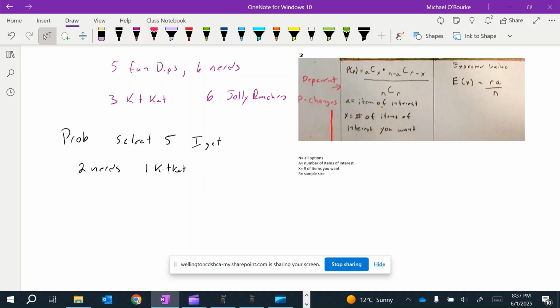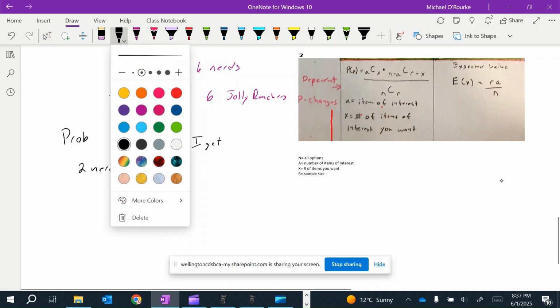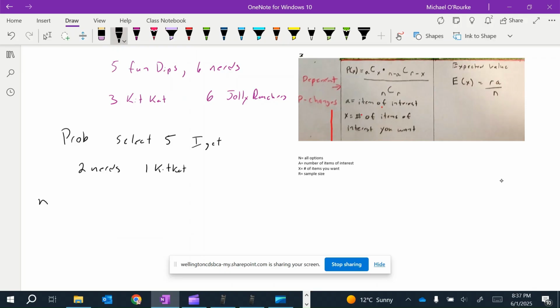So this I want to kind of massage a little because we have multiple things of interest. So all options, we have, I think I added up to 20. Our numbers of interest: Nerds, which is 6, and Kit Kats, which is 3. How many do we want? We want 2 Nerds, and we want 1 Kit Kat. And my sample size is going to be 5.